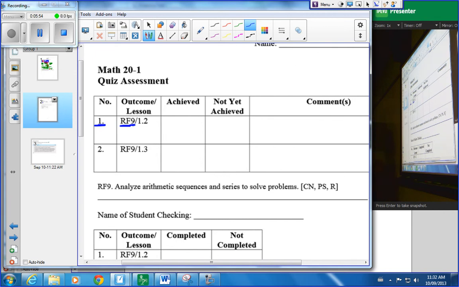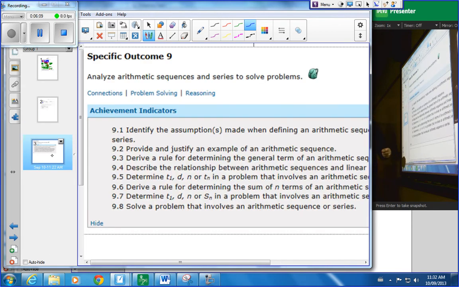Number 9 in your curriculum, right? And if you're wondering, what's he talking about curriculum? Remember I said everything's tied to your curricular outcomes, and I do have a copy of it here. It's on the bulletin board. So here's what they are.